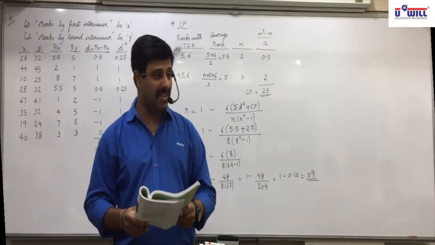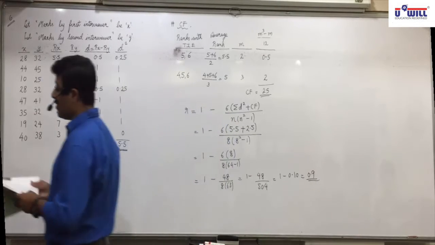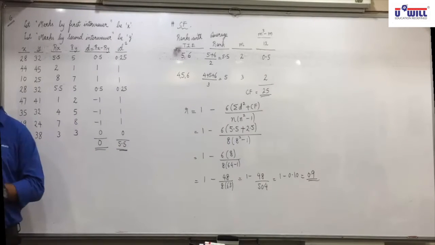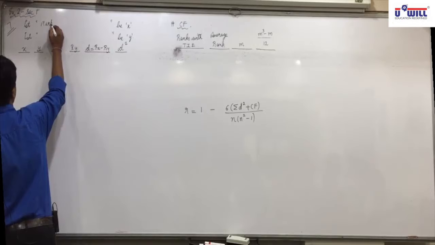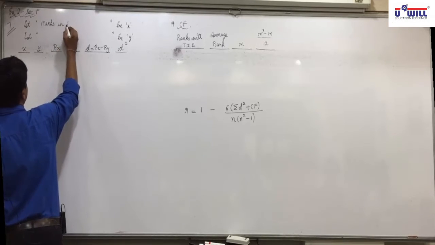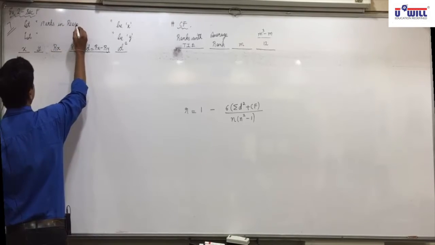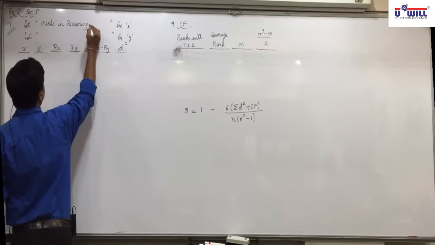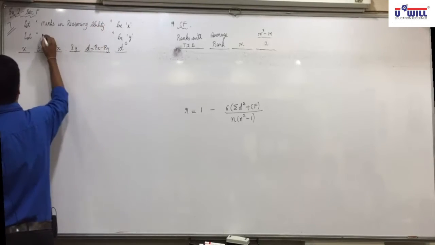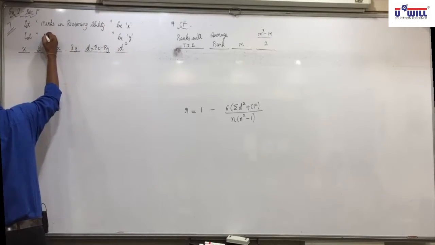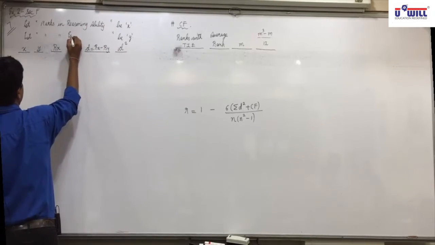We'll define that as X and Y first. So define it as X and Y, write the values of X and Y and make the columns of that workings. Let marks in reasoning ability be X. And let marks in English speaking be Y.